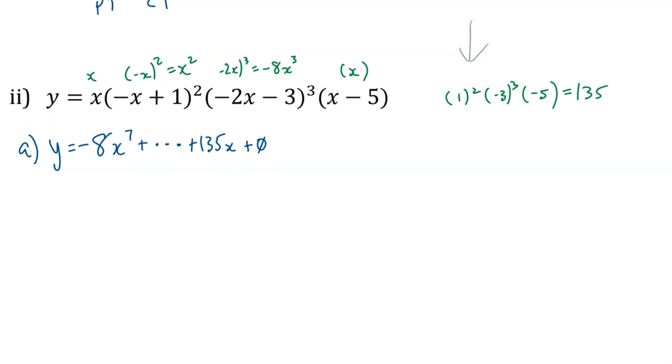So I can see people trying to do the y-intercept and doing this work and thinking it's plus 135, but it's not because of the x out front. So you don't have to show me that, but I show it to remind you to be careful when there's an x out front that it's actually plus 0. So therefore, this has a y-intercept of 0.